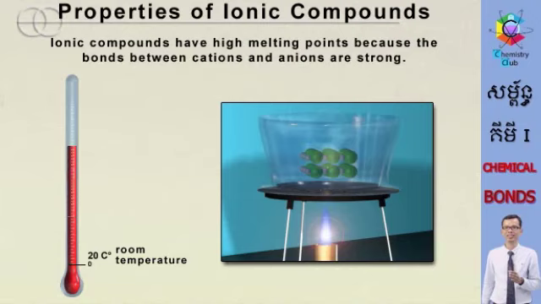At a certain temperature, the energy gained from heat is great enough to overcome the attractions between cations and anions. This temperature, which is different for each ionic compound, is called the melting point. Melting points for ionic compounds are very high because the bonds between cations and anions are very strong.